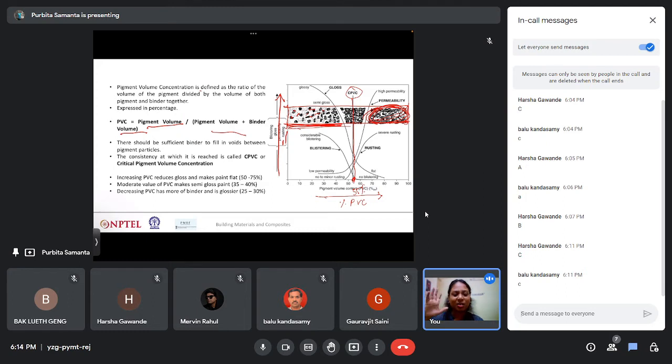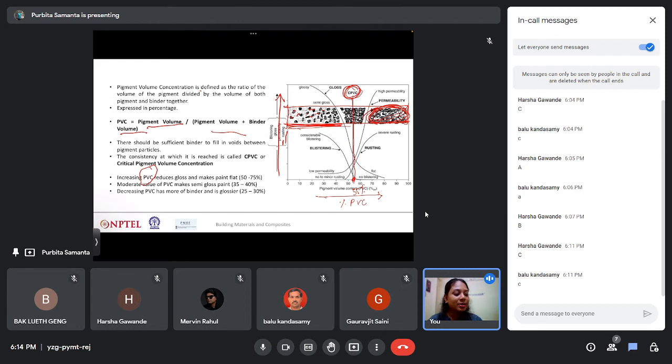So this is basically CPVC, and according to what percentage of PVC is there, it will make a particular surface glossy or less glossy.